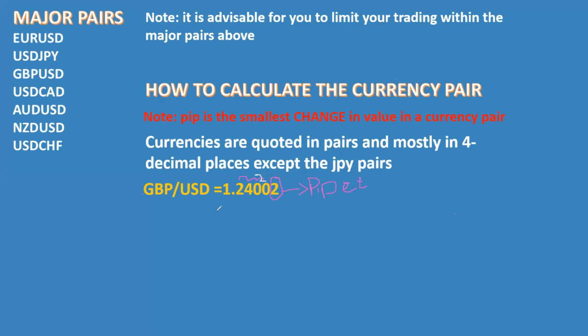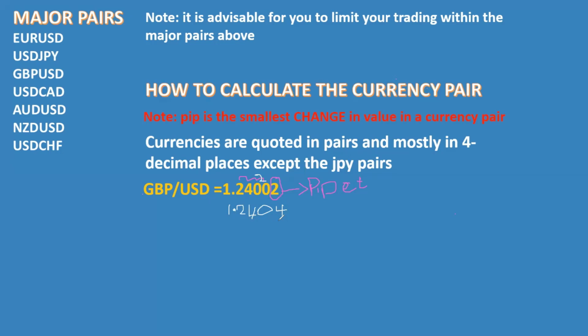But if you sold at this place, and the market moved from 1.24 in the said direction, what it means is that the market has moved 4 pips.